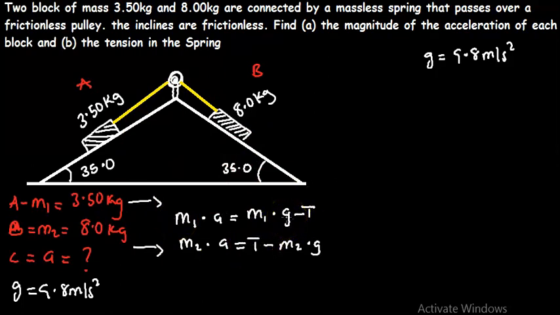If we add these two equations together, starting with the first one, we are going to end up with M1 multiplied by acceleration plus M2 also multiplied by the acceleration. At this point, we are going to get rid of the tension.